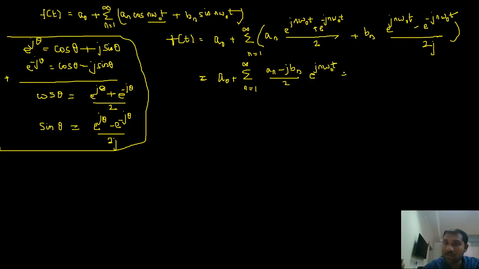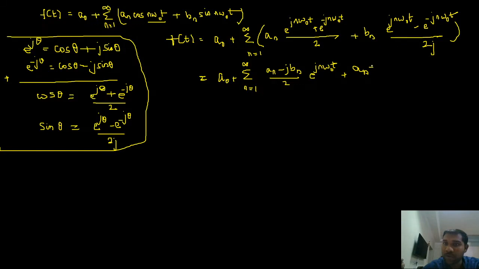plus, here again for this e^(-jnω₀t) I have an minus j in the denominator.